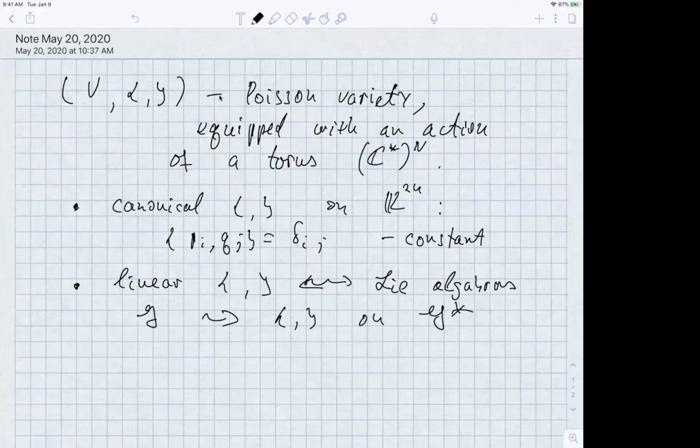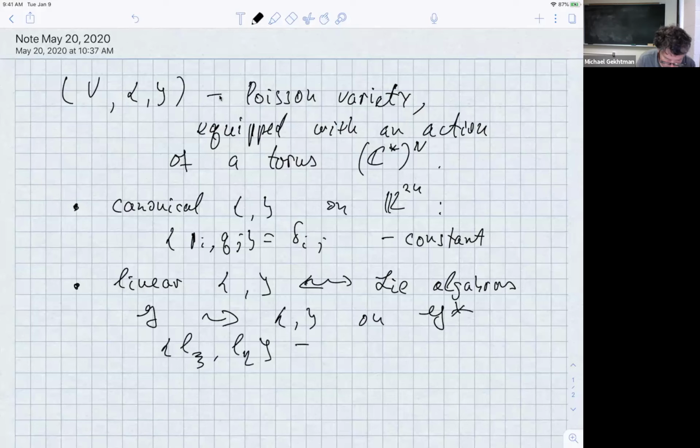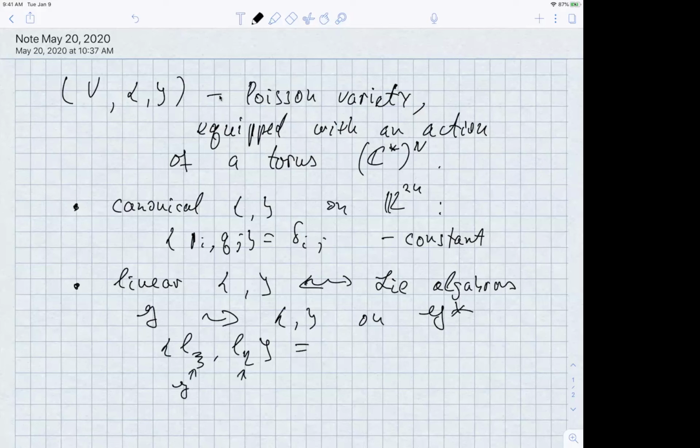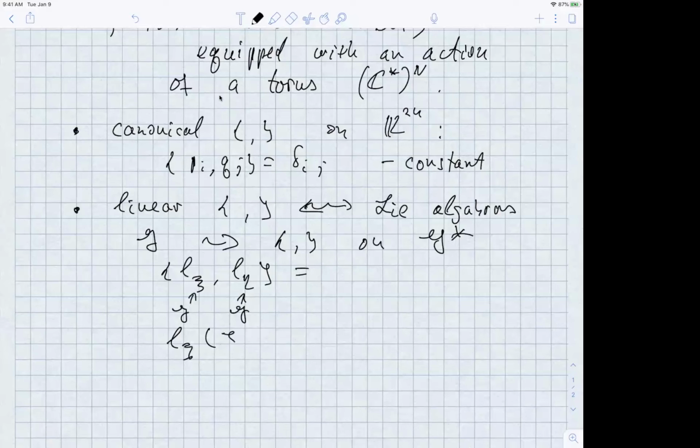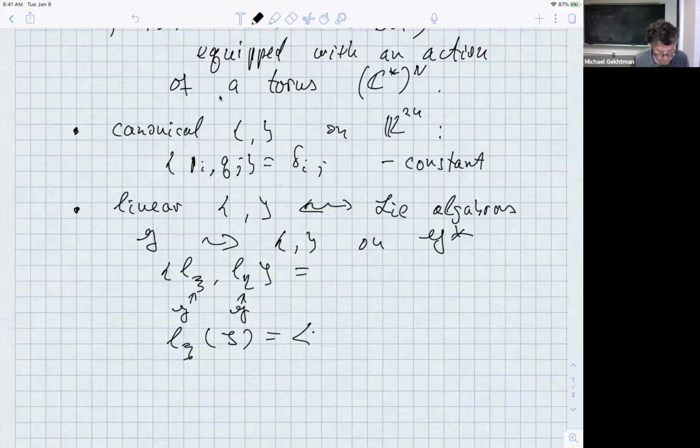So you take two linear functionals associated with elements of the Lie algebra, psi and eta in the Lie algebra, and the bracket of L_psi and L_eta at an element, let's say zeta, is given by the pairing of zeta with the bracket of psi and eta, and so this is a linear structure. This is what's called Lie-Poisson.